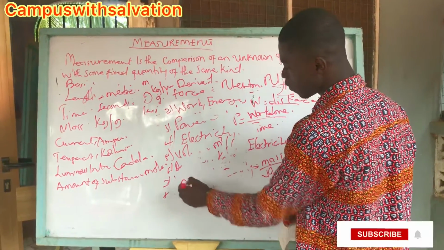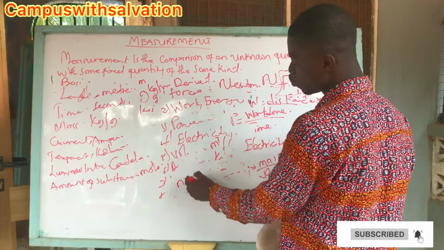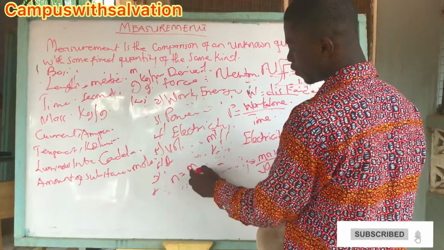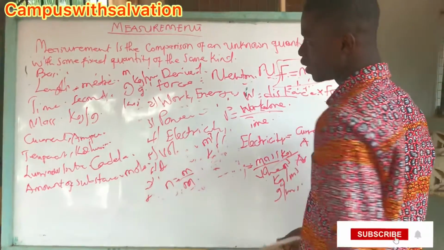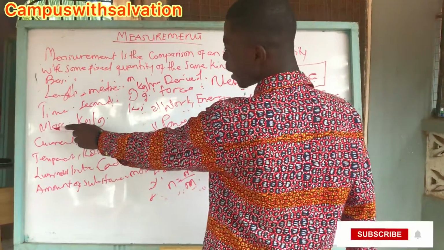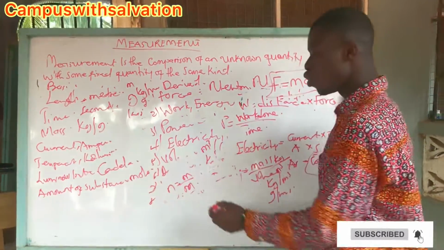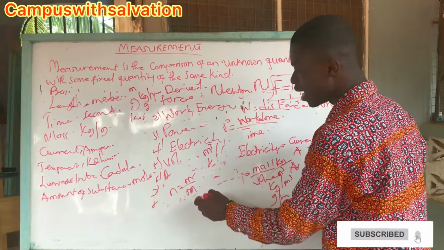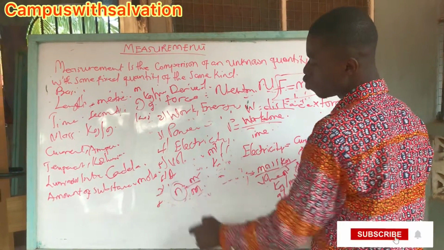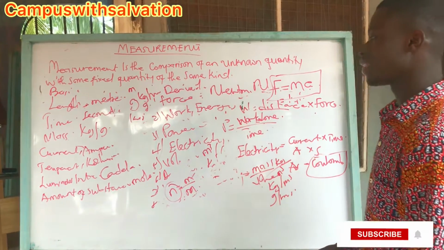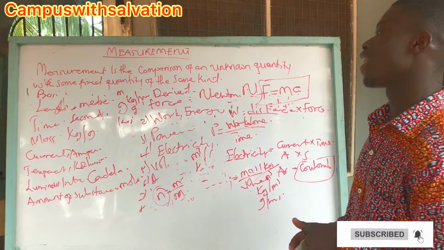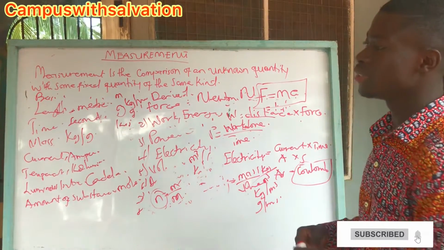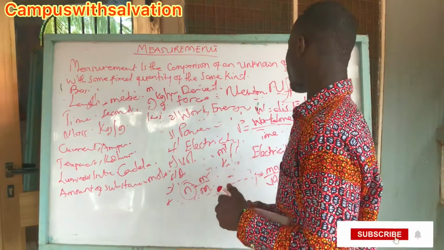Mole is equal to mass over molar mass. Mass is part of the basic quantities, so with the combination of mass and molar mass, you're able to get mole. That's how derived quantities can be obtained from combining basic quantities.